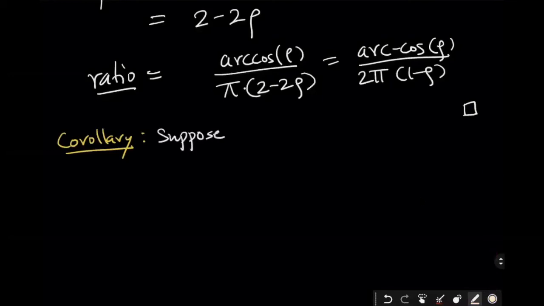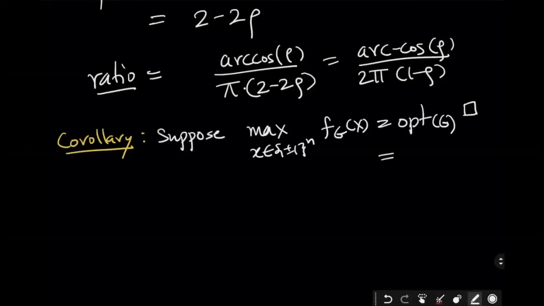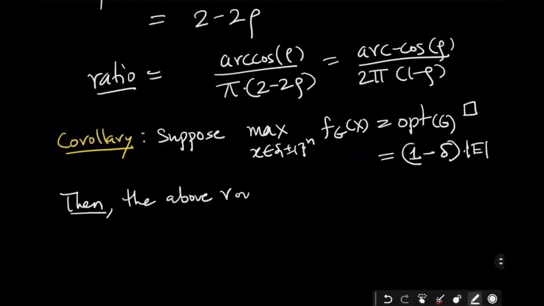Suppose max over x in plus minus 1 to the n of f_G(x), remember we called it opt G, equals some number 1 minus delta times the number of edges in G. Then the above rounding procedure, actually sorry, let me write it in terms of the pseudo distribution instead.